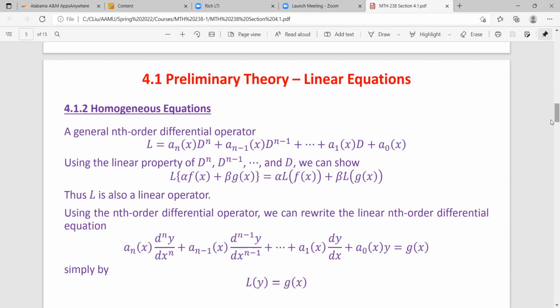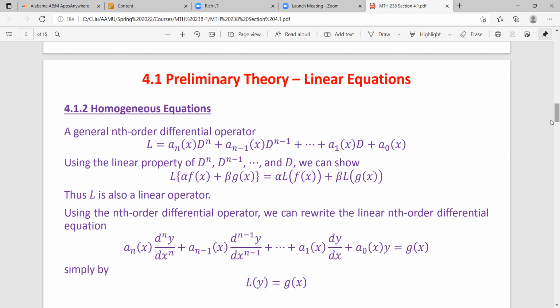Then you use the properties that all the d to the n, d to the n minus 1, and so on, and d are all linear. So use that property, then you can easily show that L applied on alpha f plus beta g is equal to alpha times Lf plus beta times Lg. So that again means L is linear.